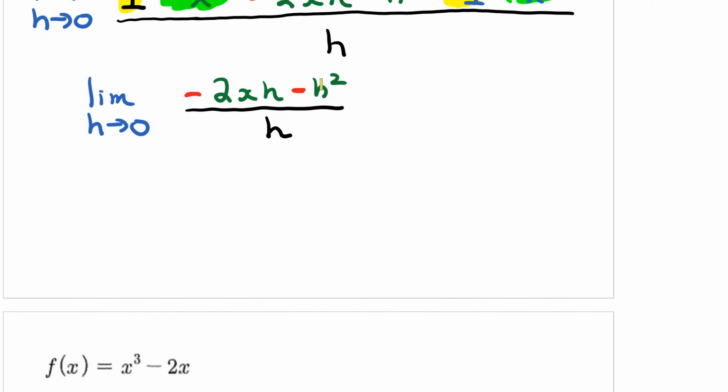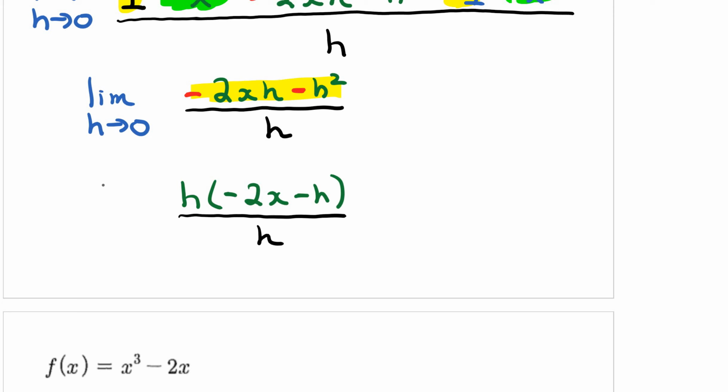From the numerator, I can factor out an h. If I factor out an h, I get bracket -2x minus h, close the bracket, divided by the h, and I still have my limit sign over here as h goes to 0. Now I can see that this h and this h can cancel off.